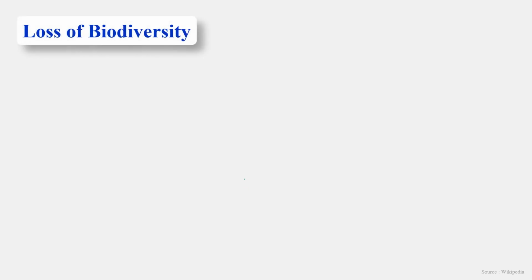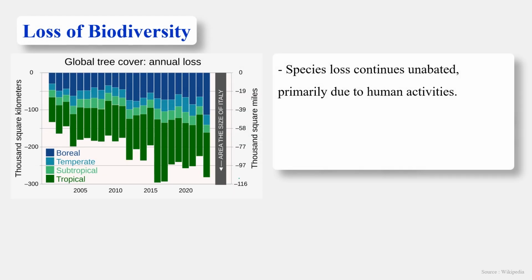So, loss of biodiversity. Biodiversity: bio means life, diversity means variation, variation in life forms. In the last lecture we discussed various types of biodiversity like genetic diversity, species diversity, ecosystem diversity, and the global scenario.